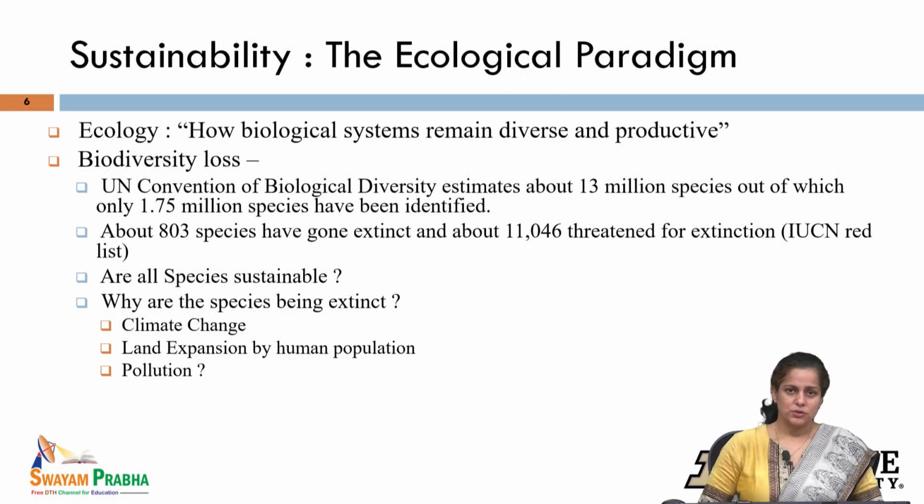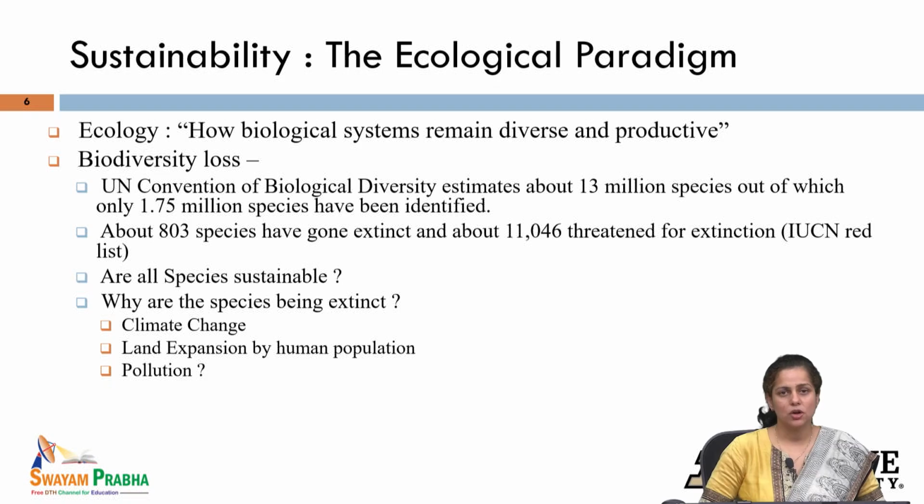But the main question when sustainability scientists think is: why are the species going extinct? Of course there is climate change, which is not only a threat to animal species but also to human beings. There is a lot of loss of life because climate change leads to tornadoes, earthquakes and other geophysical phenomena.